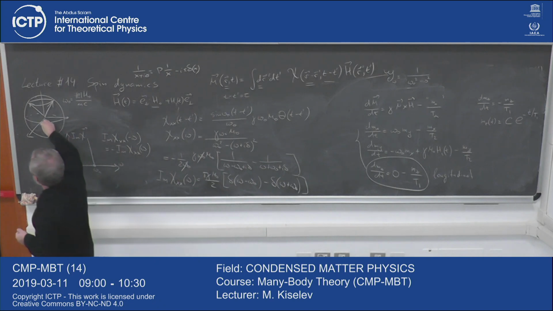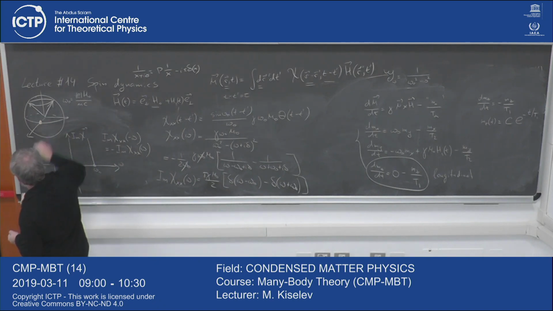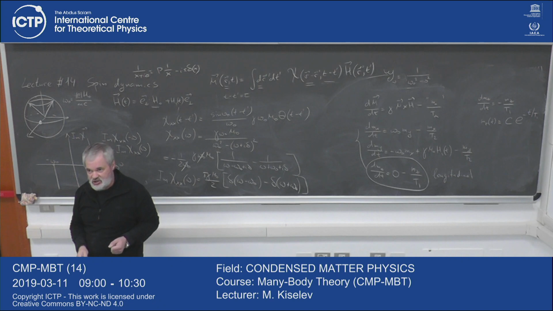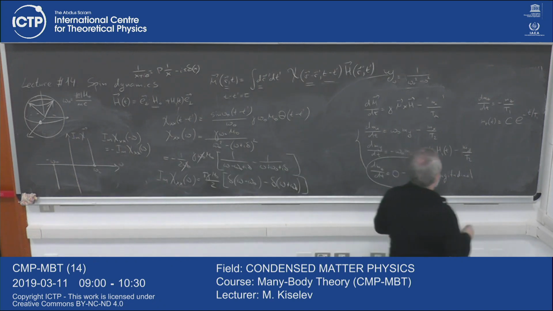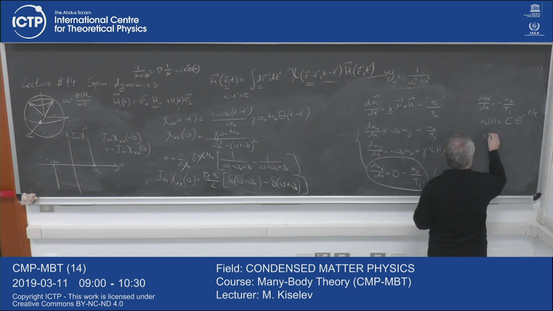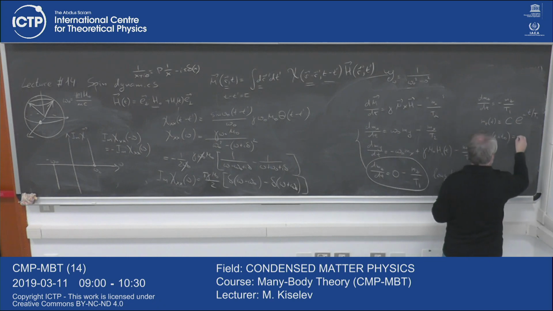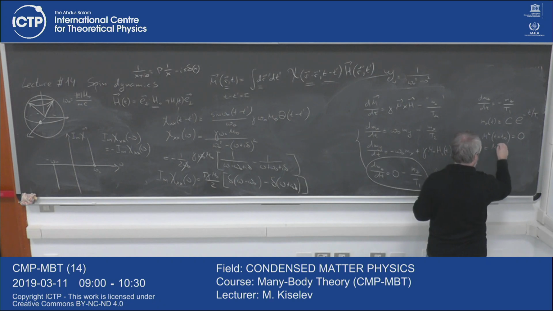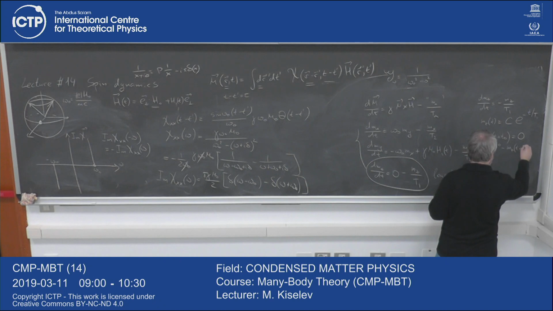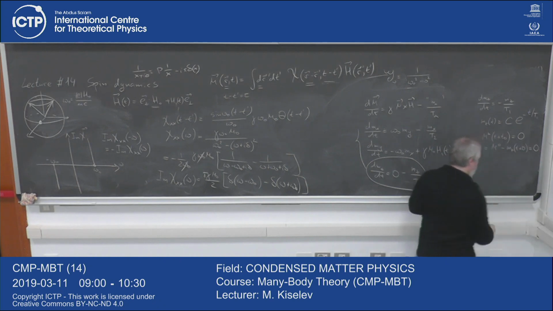Let's suppose that at the moment t naught your magnetization was on the equator, which means that the mz component at t equal to t naught was equal to 0.